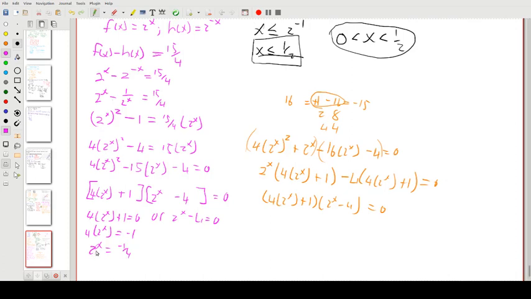A positive number raised to a power cannot become a negative, so that's not possible. On this side, 2 to the x equals 4, and 4 can be written as 2 squared. Since the bases are the same, the exponents are also equal, and x equals 2 is our final answer.